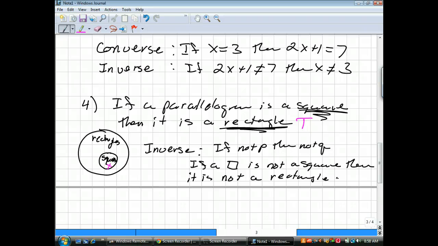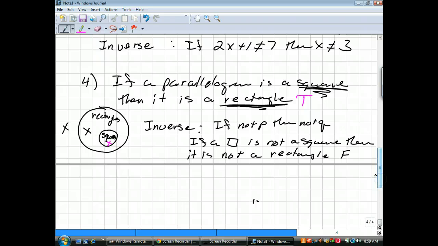Okay, so in this case, if we look at our Venn diagram, it's not a square. So where would it be? Well, if it's not a square, it could be here or it could be out here. So do we know for sure that it's not a rectangle? No, we don't, so this is false. All right, so when something could be in two different places, then we have to say it's false.